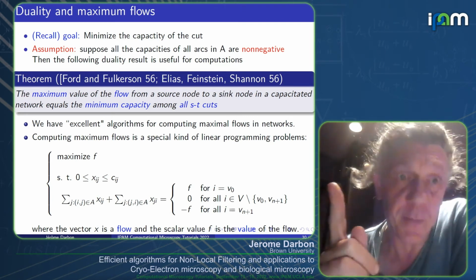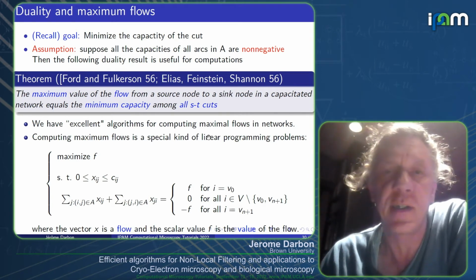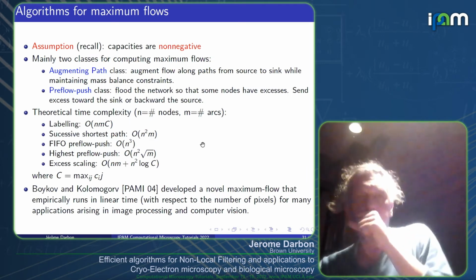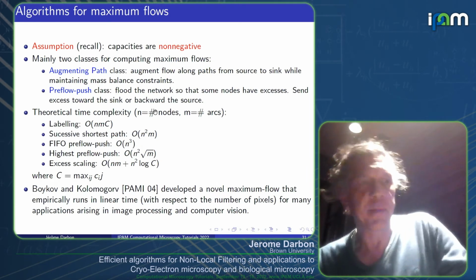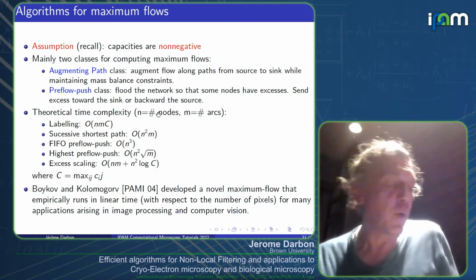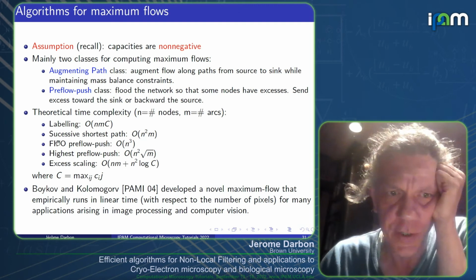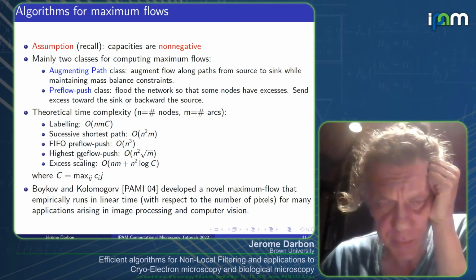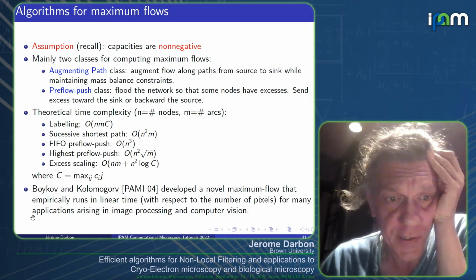It means we compute the maximum flow, and once we have the maximum flow, then we can compute the cut easily. That slide is simply to tell you that computing maximum flows is a well-known problem that has very efficient algorithms, developed in the last 60 years.